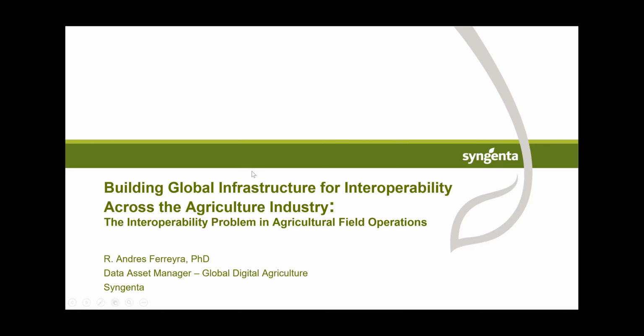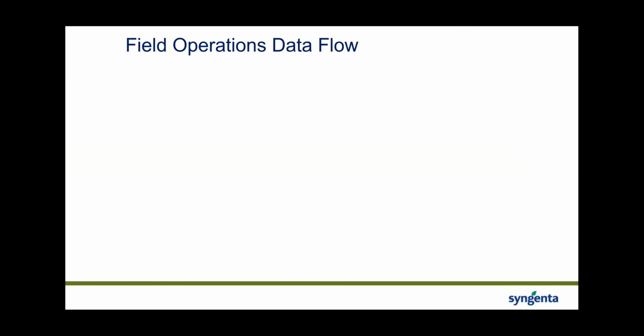Let me show you first an example of how data can flow in farming, or how we'd like it to. And there are as many versions of this as there are farmers out in the world, right? But say we've got a farmer, who might have an advisor involved.